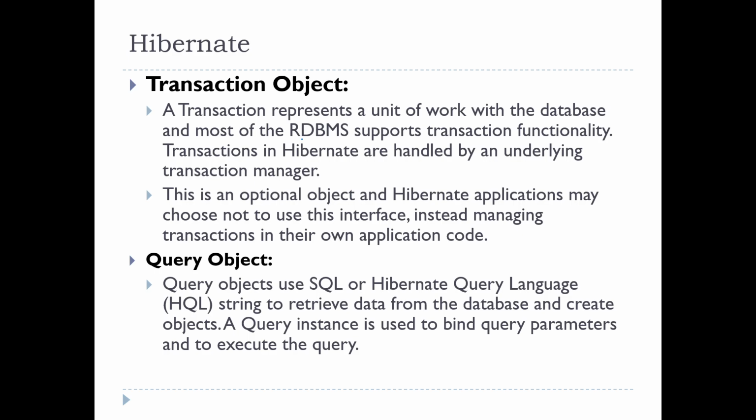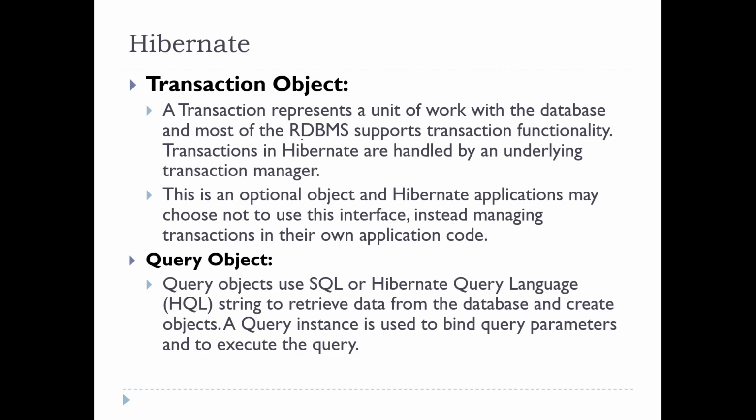Also, it is an optional object. So in your application, you may write a Hibernate application, and you may decide not to use a transaction object, but instead you can manage your transactions on your own. So even that is okay. There is no compulsion to create a transaction object to perform some task on the persistent objects.